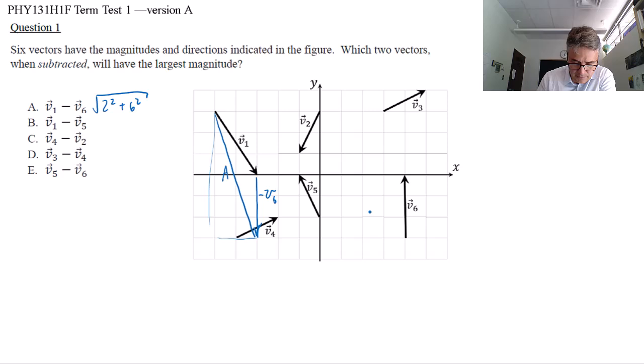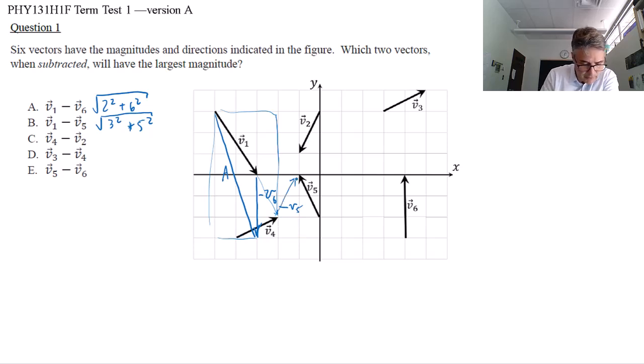V1 minus V5, that's going to come out here. This is your minus V5 vector. So that's going to look kind of like this, the square root of 3 squared plus 5 squared. Not quite clear which one of those is bigger. V4 minus V2. The minus V2 will take you up to here.